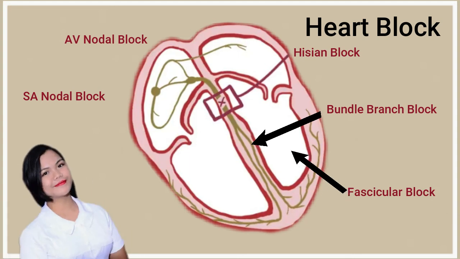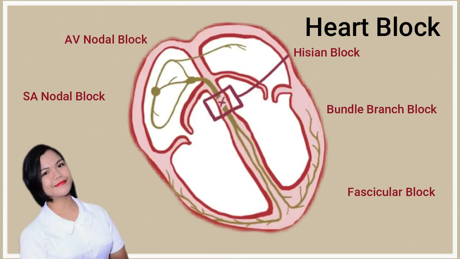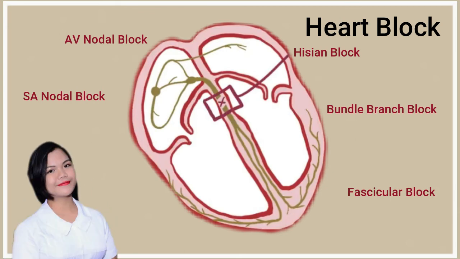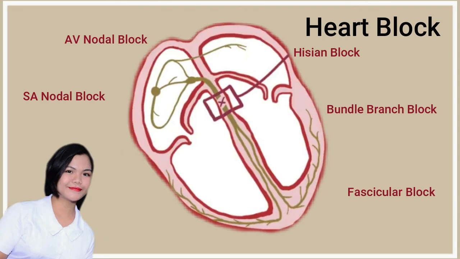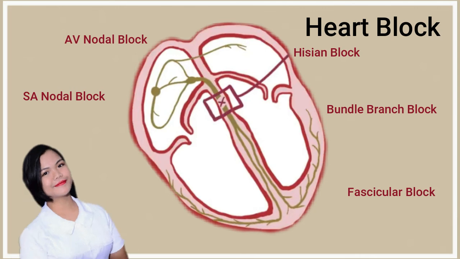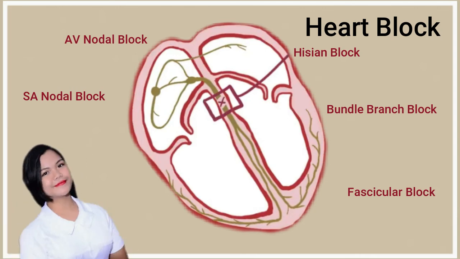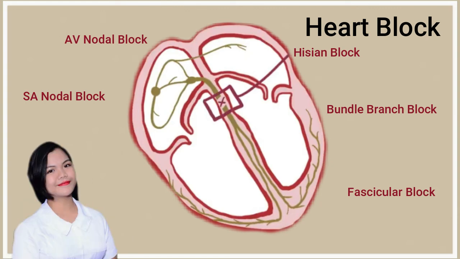Of these, AV nodal blocks or AV blocks are the most clinically significant. In fact, very commonly when heart block is not specified, it is used to describe AV block. In AV block, the electrical signals are slow to reach the ventricles or completely interrupted before reaching the ventricles.